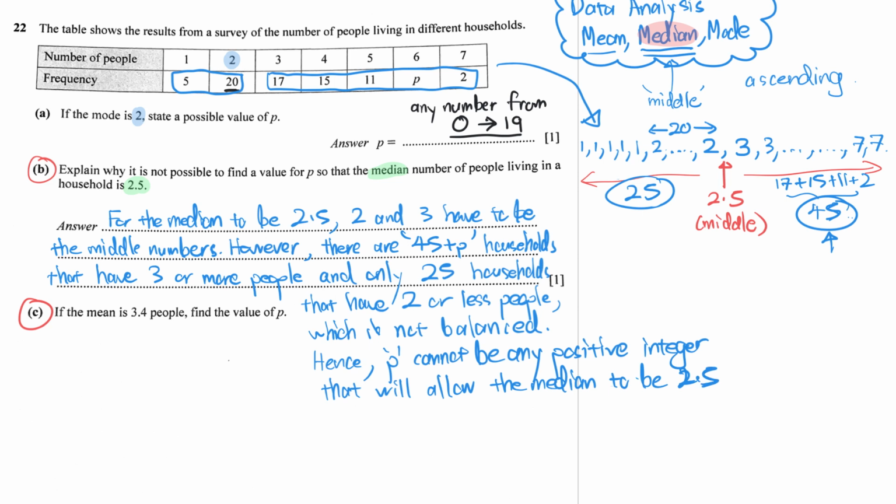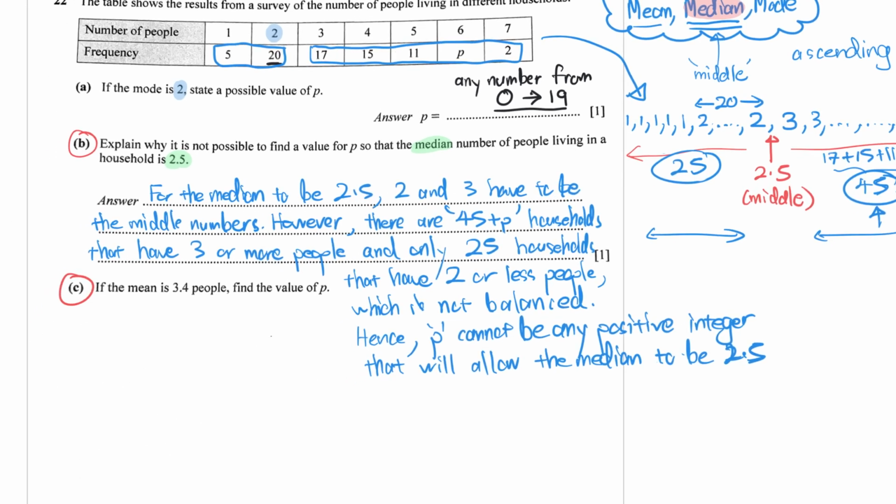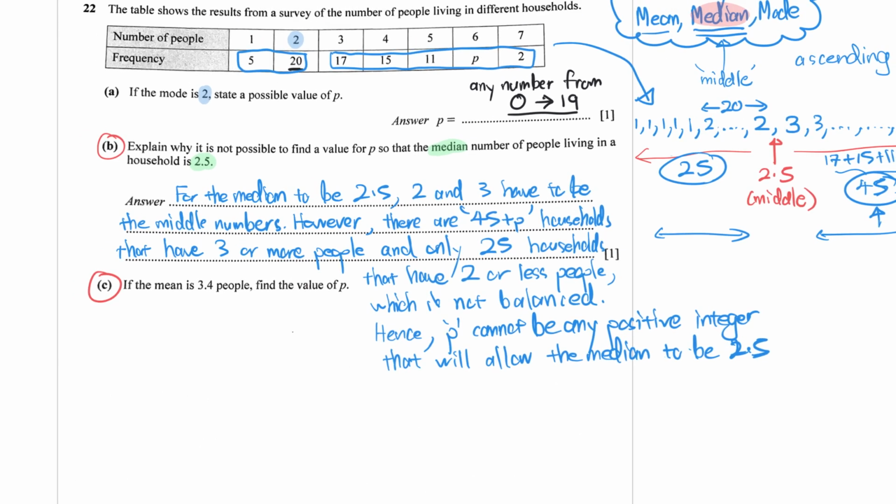Alright, so this idea about balance. So the left and the right of the 2 and 3 have to be balanced in number. Right, which brings us to the last part now. I will just put a small space here.